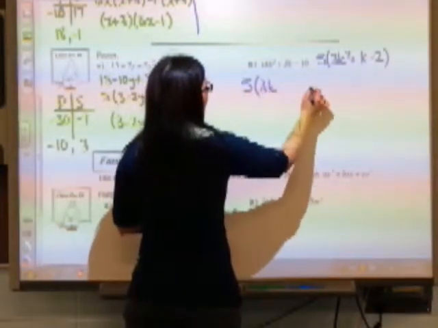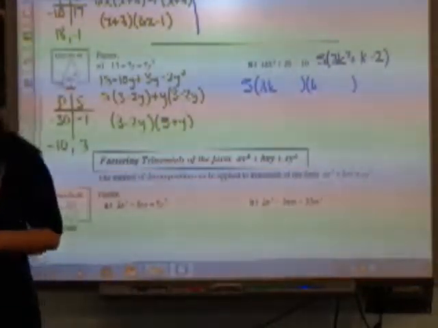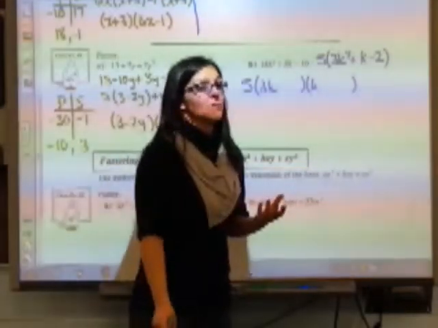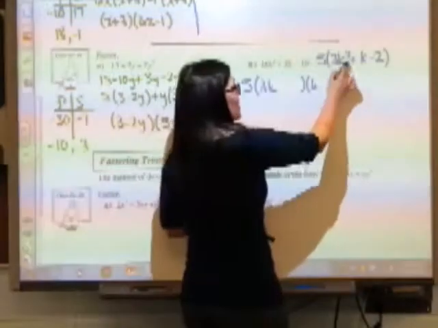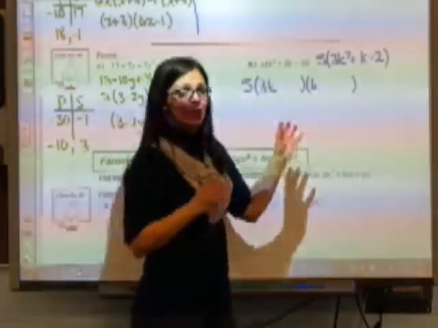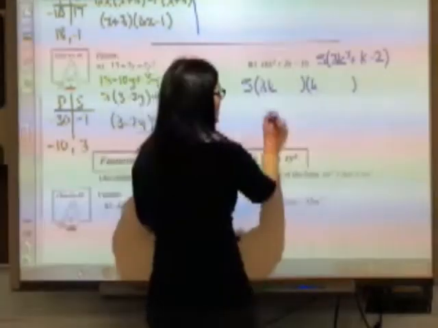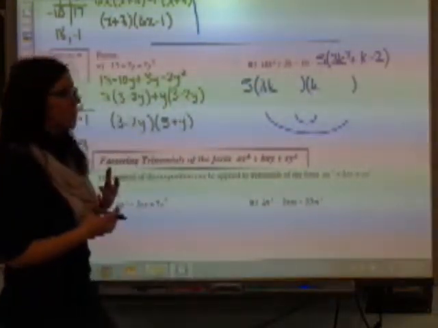Because in order to get a 3k squared, it's going to be 3k times k. And in order to get that 2, I can only use 2 times 1. I just need to figure out where to put the 2 and where to put the 1, so that the middle term becomes 1. And in order to get that negative 2, one of those numbers has to be positive and one has to be negative. So when I'm doing my outside and my inside, I would be subtracting them.